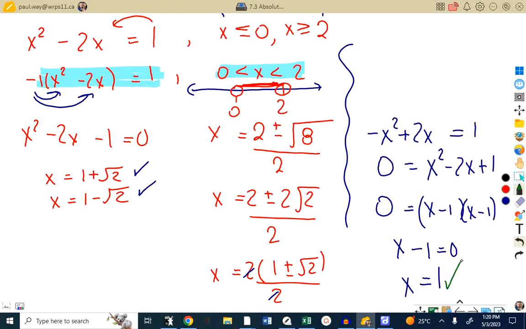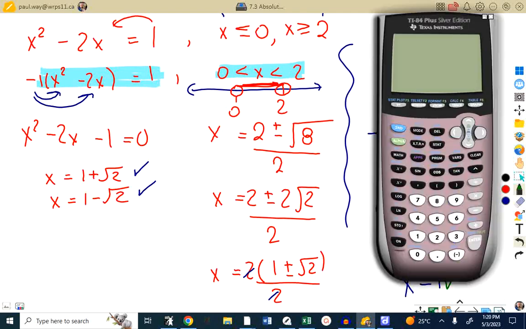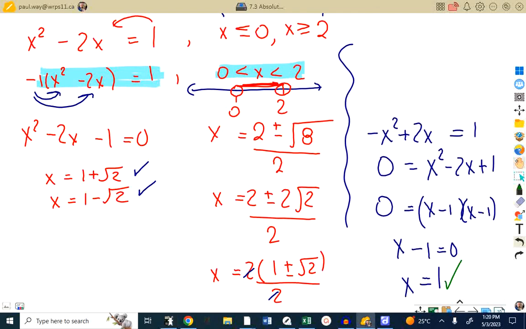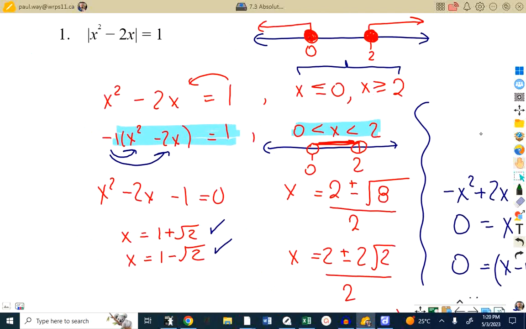Let's just check something out now. Grab your graphing calculator, and let's solve this graphically.